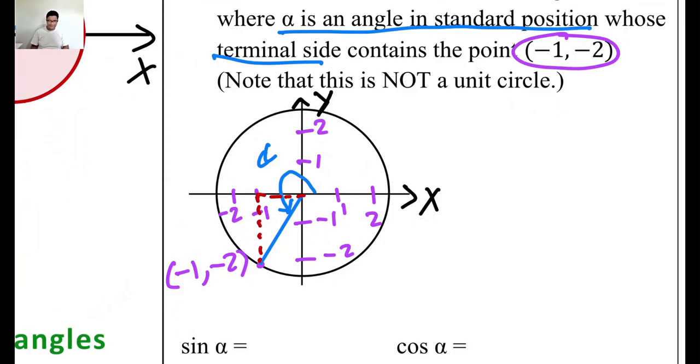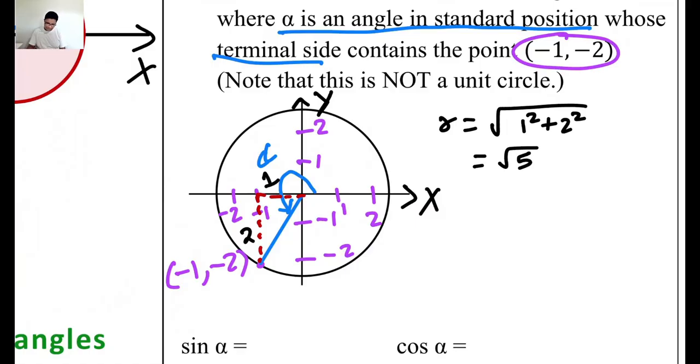In terms of absolute lengths of the triangle sides, this side is 2 units, that side is 1 unit. It doesn't look like that because I did not do a good job at sketching it. So lengths are 1 and 2, which means the radius is going to be under root 1 square plus 2 square. The length at that is under root 5. So this side is under root 5.